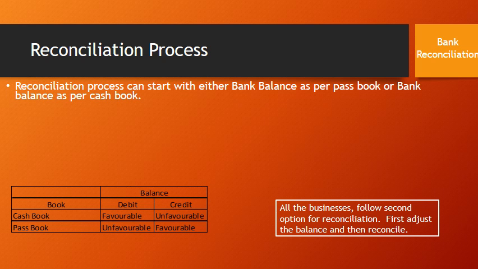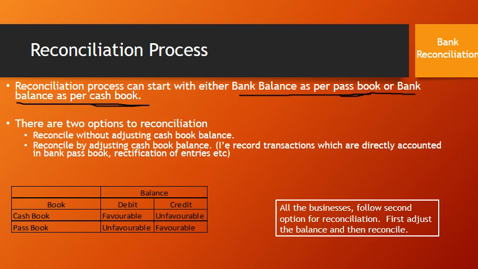Reconciliation process starts with either bank balance as per passbook or bank balance as per cash book. As I told earlier, we can start with either the bank balance taken from a passbook or the bank balance as per cash book. For example, in the template which I showed earlier, we were starting with cash book and deriving the bank balance.